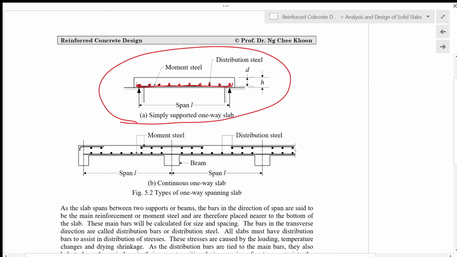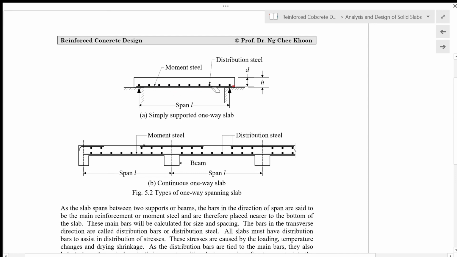Only the moment steel, or the primary steel, is designed to resist moment. Then we have the thickness of the slab H, and the effective depth D measured to the centroid of the longitudinal steel here.